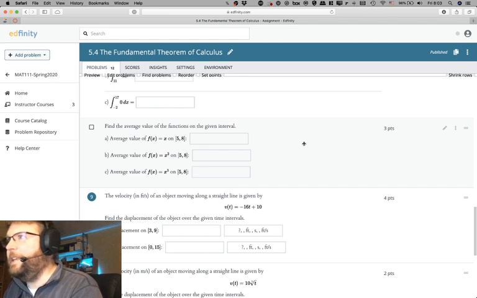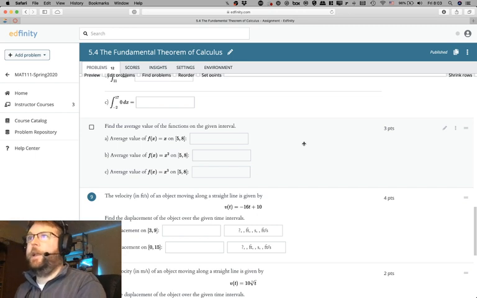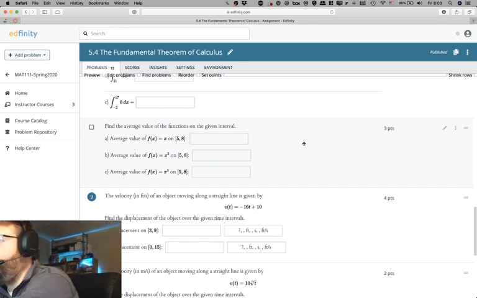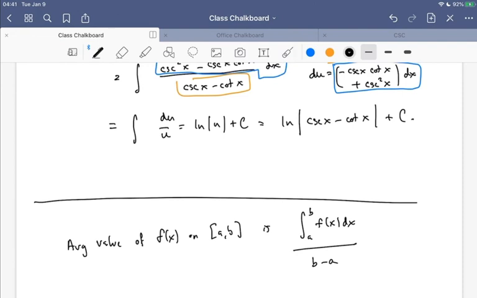It's the integral divided by the length of the interval. Let me go back to the iPad for a second. So that's how we calculate average value. You do the integral over the entire interval, and then you just divide by the width of the interval.